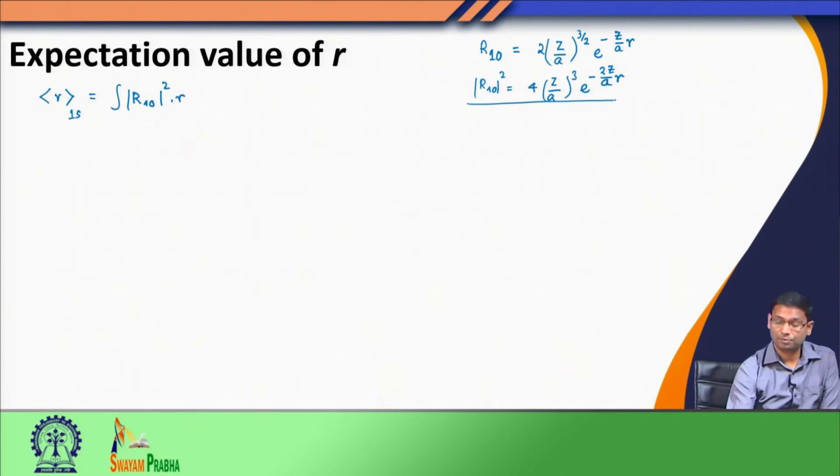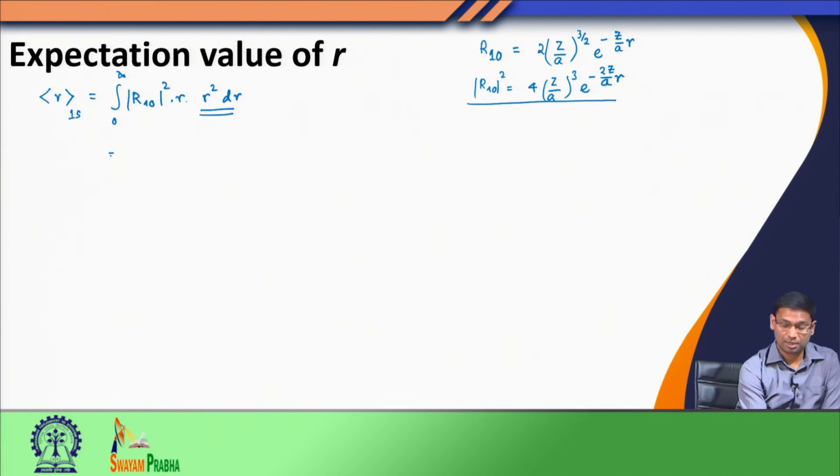This is the square of the function, this is r because I am calculating the expectation value of r, and then I should not forget r square dr, which is the volume element that I should consider when I am integrating over the radial coordinate, and here the r value goes from 0 to infinity.